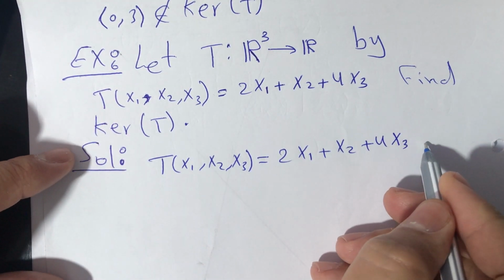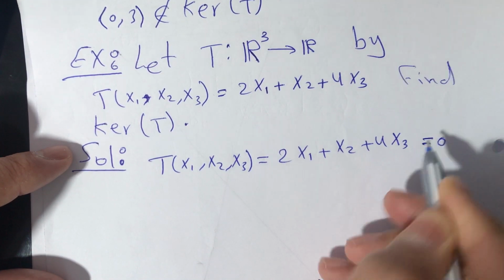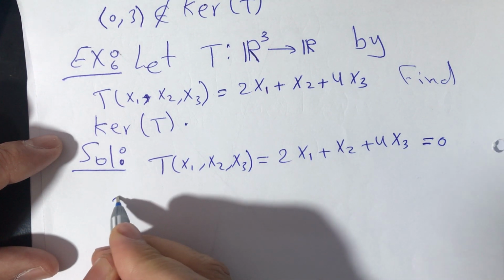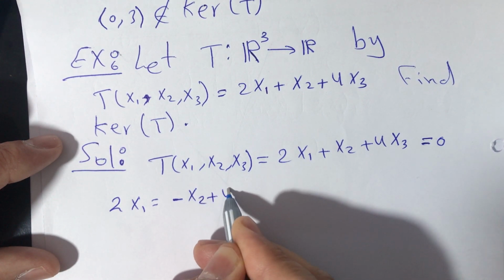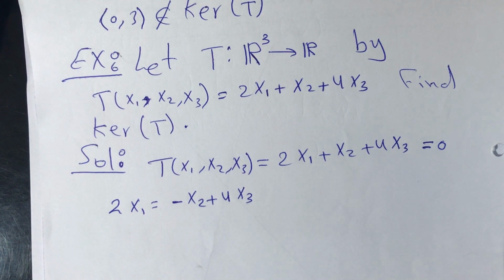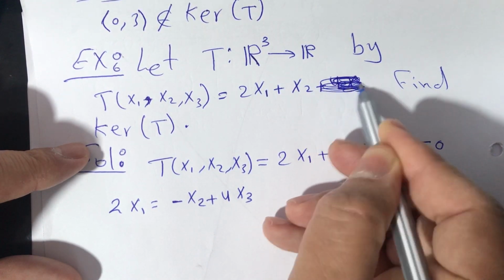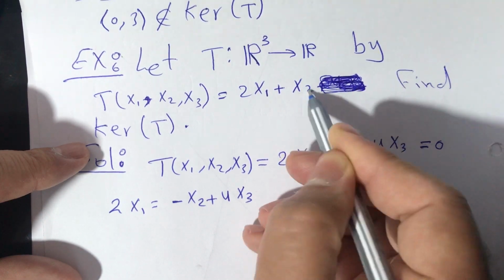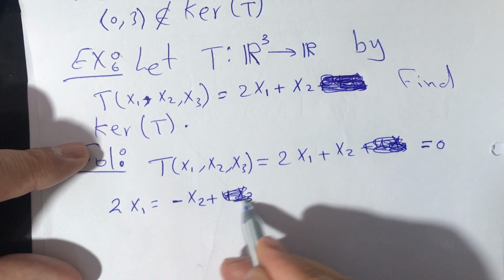And make this equal to 0. And now we get 2x1 is equal to minus x2 plus 4x3. We can move this to make it easier.